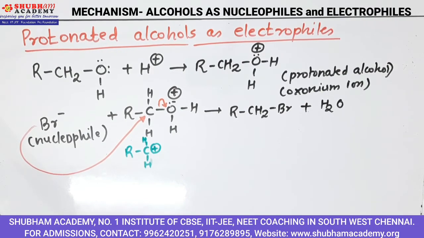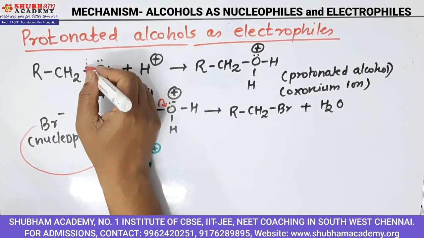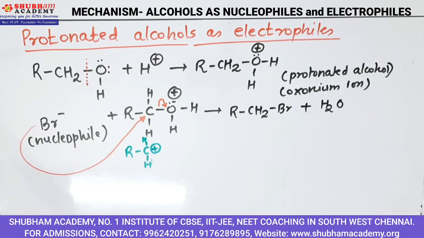So as you can see here that when protonated alcohols are acting as electrophiles, what is happening, the bond between C and O is broken, right. So keep in mind that whenever protonated alcohols behave as electrophiles, this bond between C and O is cleaved, okay.